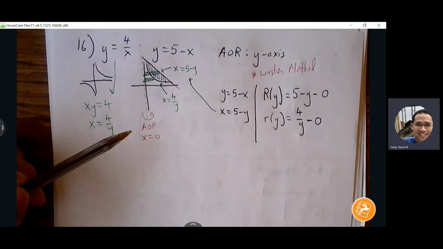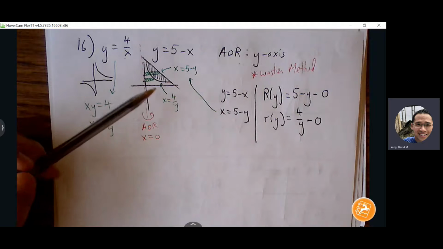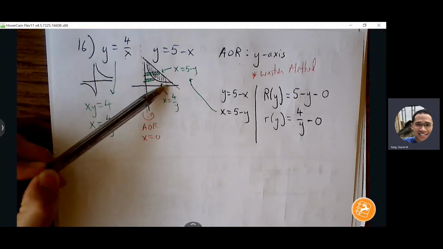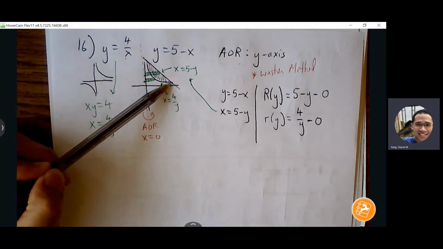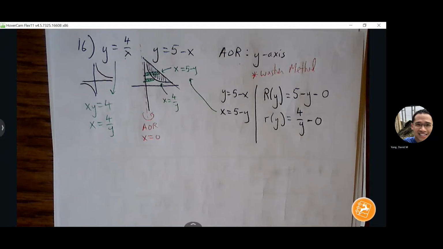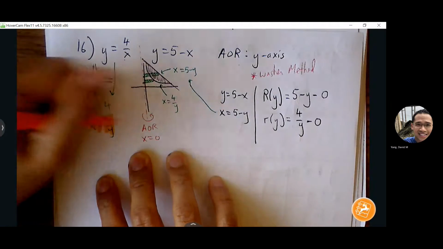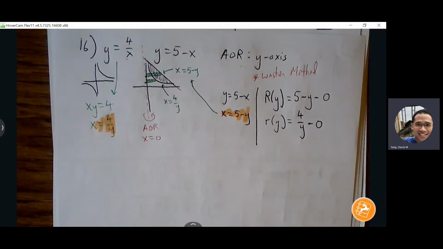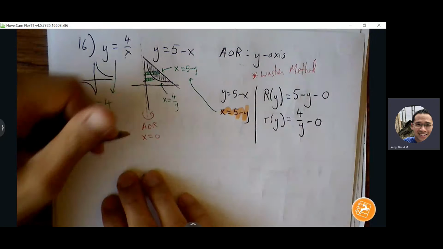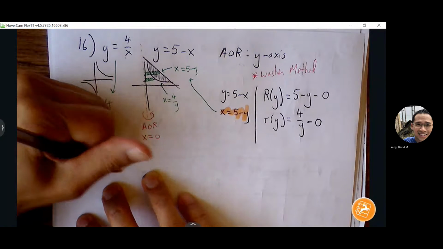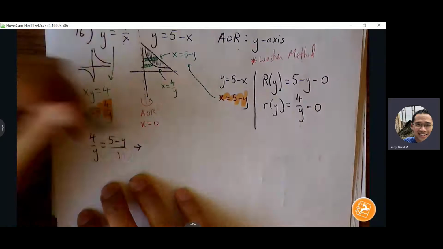Right, the only thing that's left is figuring out the boundaries, right? So to find the boundaries, we know we still got to stick in terms of y here. So you look for intersections on your calculator, but maybe it's easier just to go ahead and set the two equations equal to each other. Okay, so I'll take my two equations here. Set them equal to each other and see if I can find my two intersecting points, which will act as my boundaries. Okay, cross multiply.